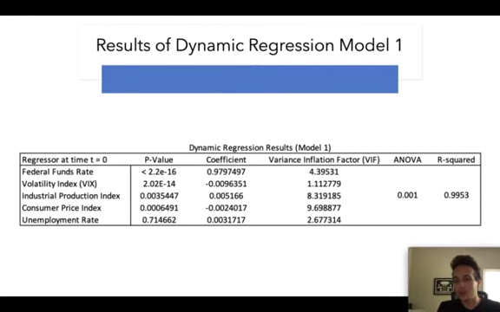Our ANOVA value is 0.001, indicating that we have a statistically significant model with accurate predictive attributes, and our R squared is 0.9953, meaning that 99.53% of the variation in the federal funds rate can be attributed to the factors in this model.